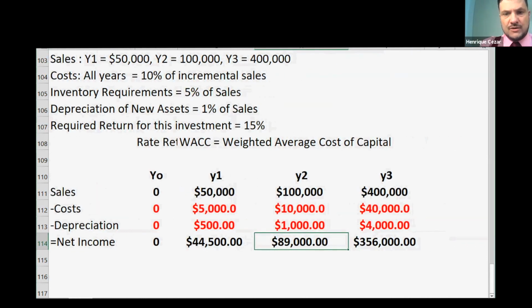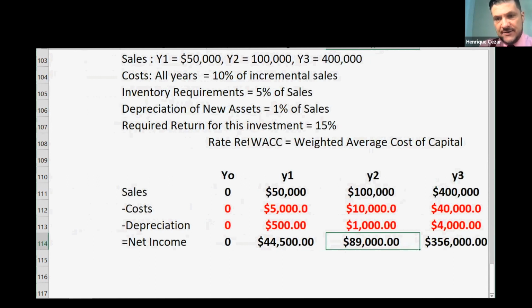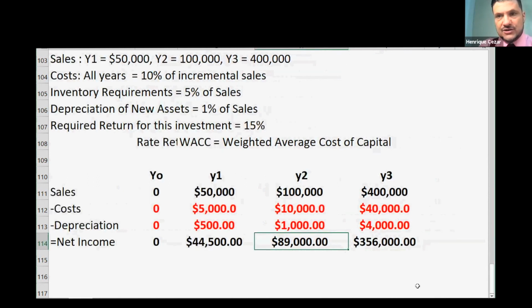Okay, so I'm just going to give you one more time what we are doing here for those that are lost. We create an income statement to find the profit that the new project is going to give to us. Now you need to remember this, it's about time for you to be very comfortable: profit is not cash. So it doesn't mean that you have 44,500 in cash.